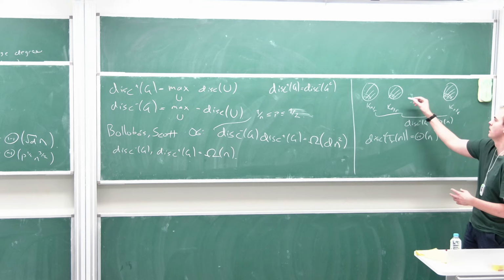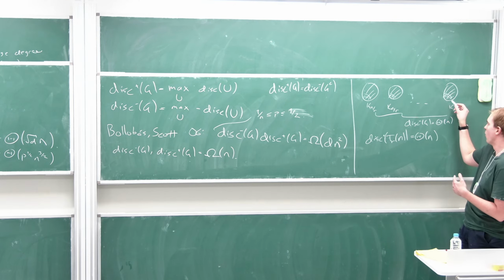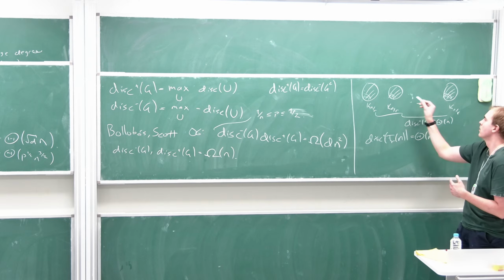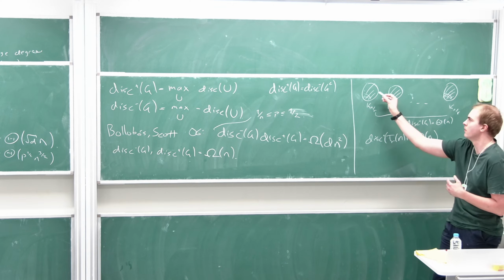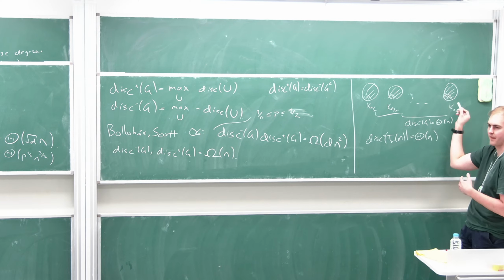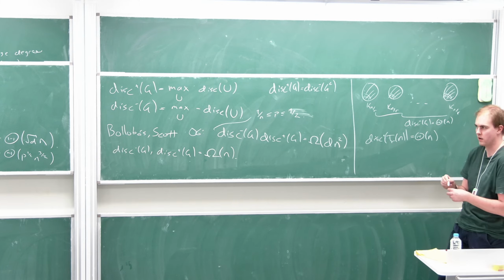Because again, to minimize the negative discrepancy, one ought to pick a subset of the same size. But now the density of the subgraph is going to be 1/r, but if you substantially vary these sizes, the density of the host graph is going to be less than 1/r.